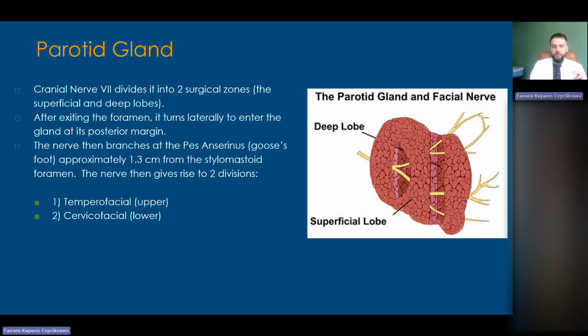You remember that we have the nervus facialis, the facial nerve. It's a really huge problem for maxillofacial surgery, because when you're removing the parotid gland, you have to remember about the facial nerve and avoid any resection of that nerve, because it is very important for the face and for the mimic muscles.